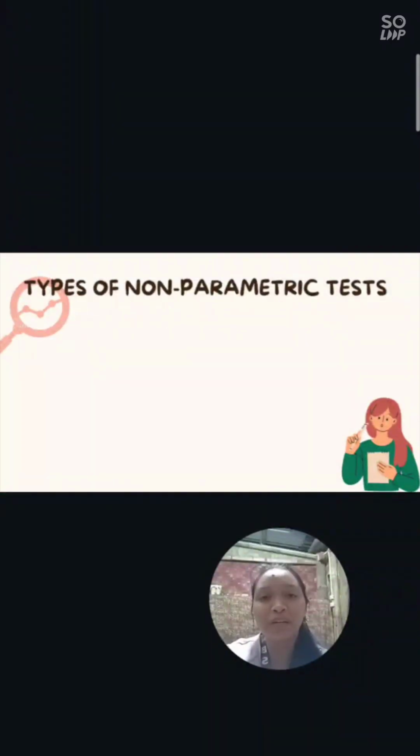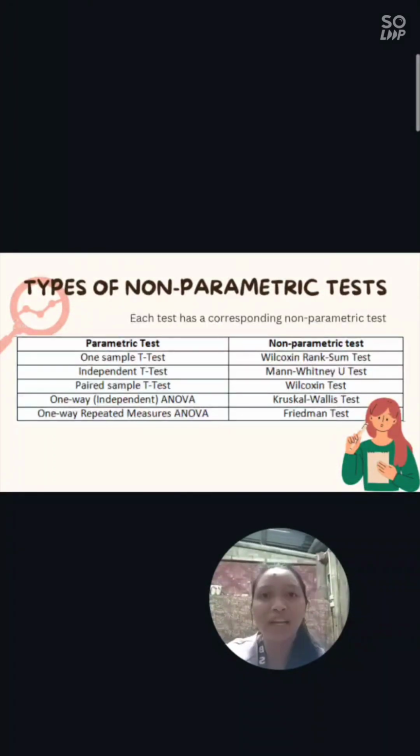Each parametric test has a corresponding nonparametric test. Here, you can see each parametric test and its corresponding nonparametric alternative. For example, if you plan to do an independent samples t-test, but the data were highly skewed, you can use a Mann-Whitney U test instead.